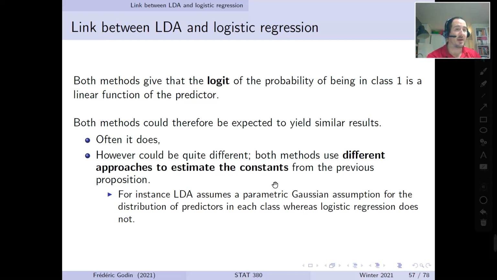It only assumed that the response was Bernoulli distributed. Because the underlying assumptions about the behavior of the predictors or of the target are different, the nature of the coefficients within that linear relationship differ, and therefore you might have very different values in practice.